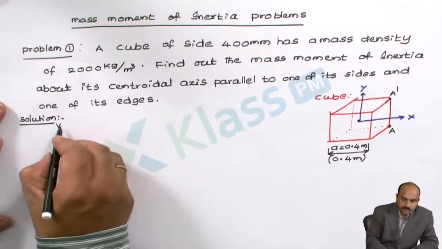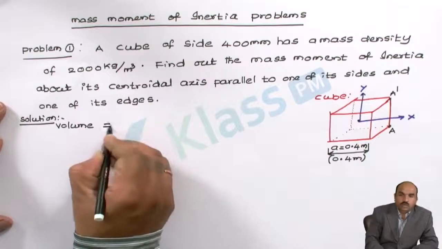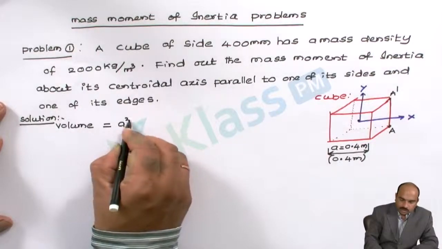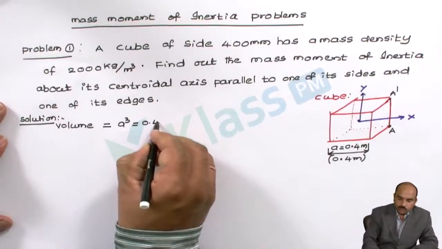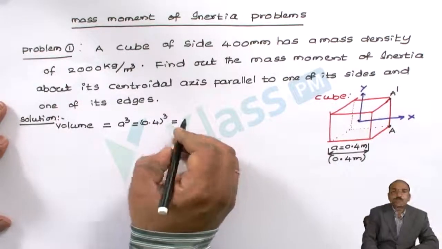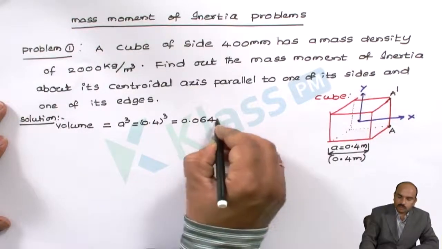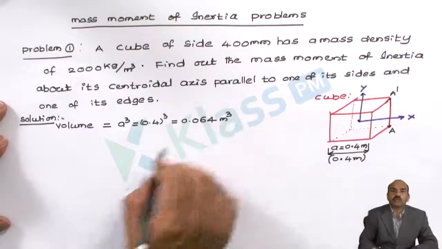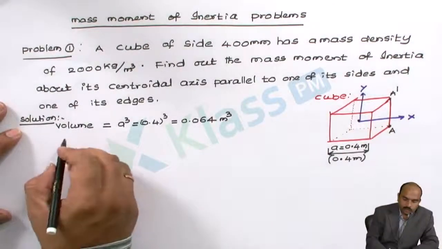Solution of the problem. First I will calculate its volume. We know it is a cube, that is 0.4 cube, which is equal to 0.064 meter cube. Now we know the density, so we can calculate the mass of the cube.